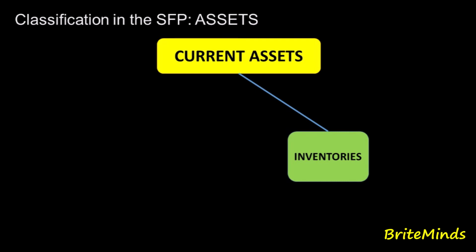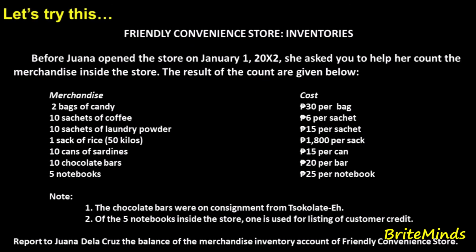Let's try to answer this also. Friendly Convenience Store inventories. Before Juana opened the store on January 1, 20x2, she asked you to help her count the merchandise inside the store. The result of the count are given below.